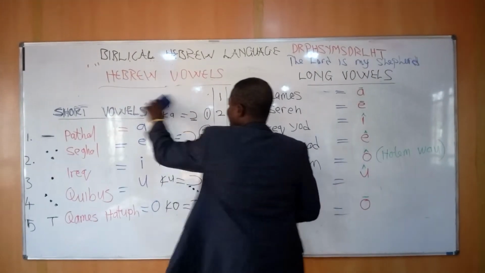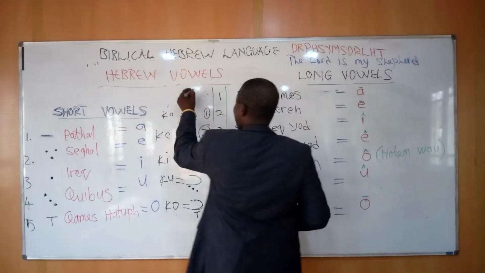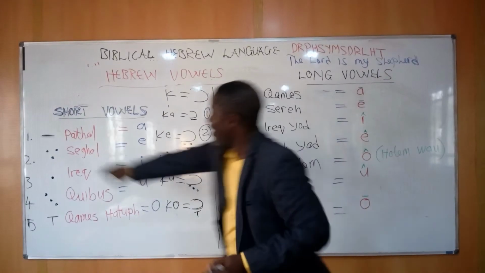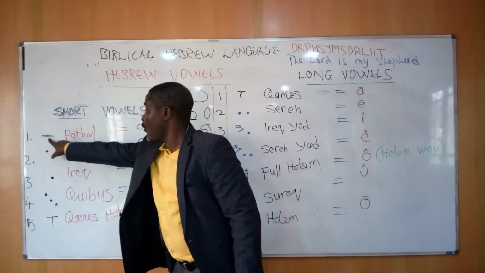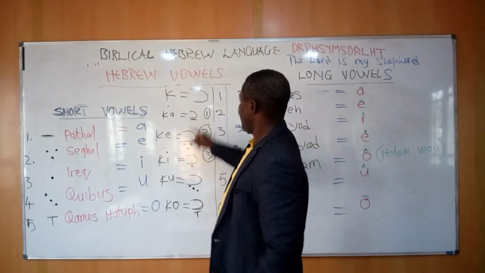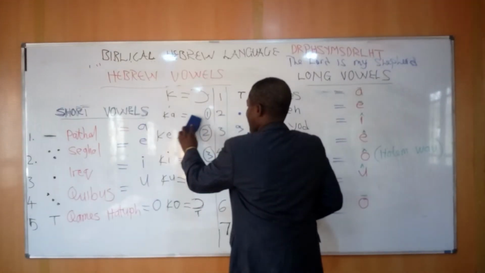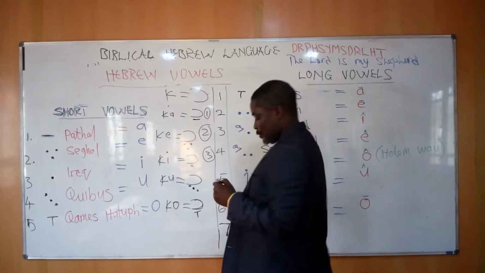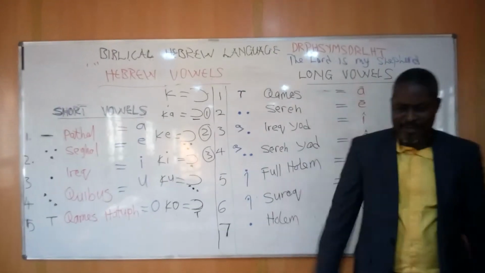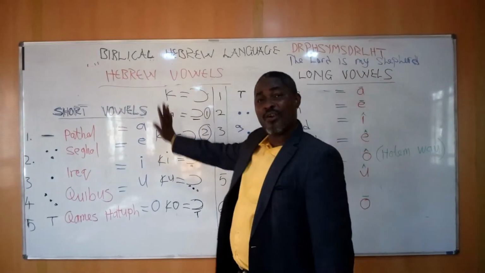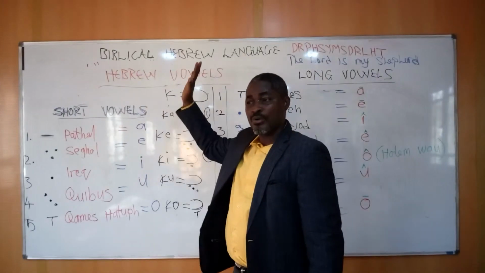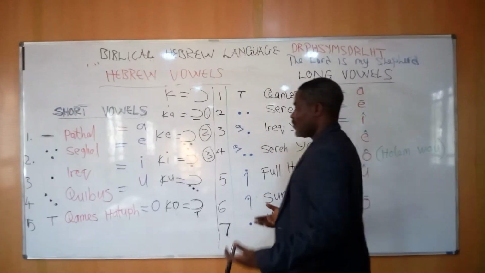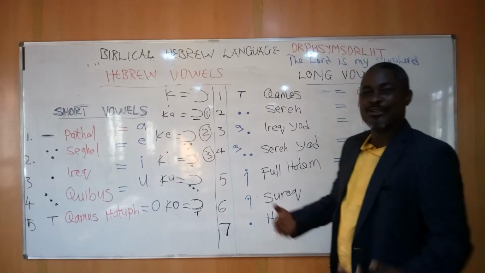So let's look at it all over. The foundation, the primary letter we use is kaf, which is a K. So when you say ka using the short vowel pattern, you have kaf with a patah. Most of the time, every short vowel of the Hebrew language stays under the consonant it governs.